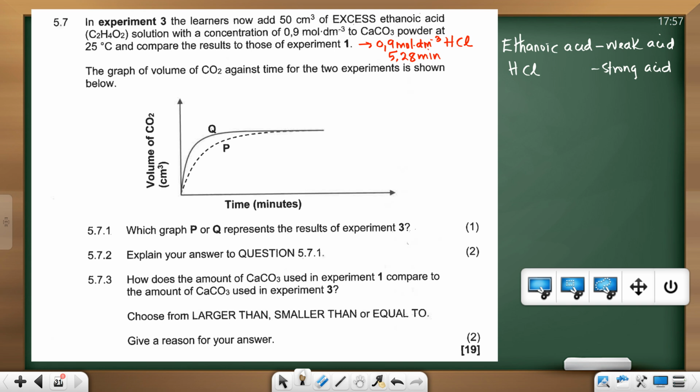The one with a strong what? Acid. So, which reaction is faster? Let me ask you. Is it Q or P that is faster? Let's see your answers. Q or P? Which one is faster? Q. How do you know it's Q?